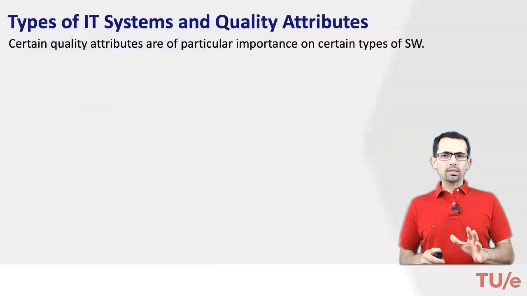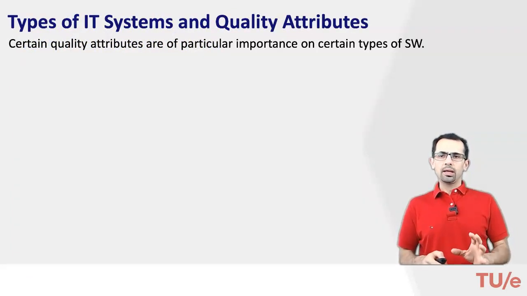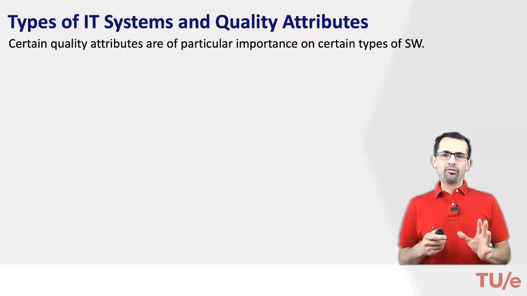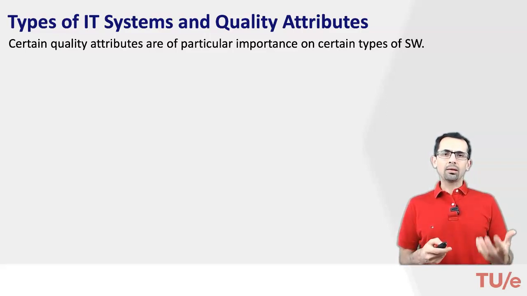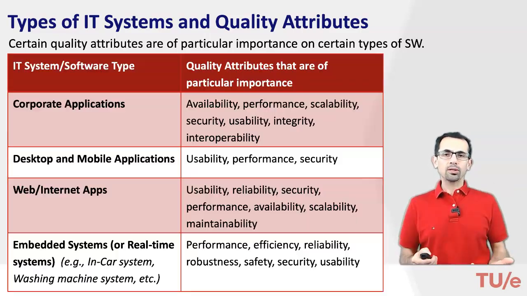Good. The last thing I would like to discuss, and I would like to keep it very short, is the fact that not all quality attributes are important for all types of software.